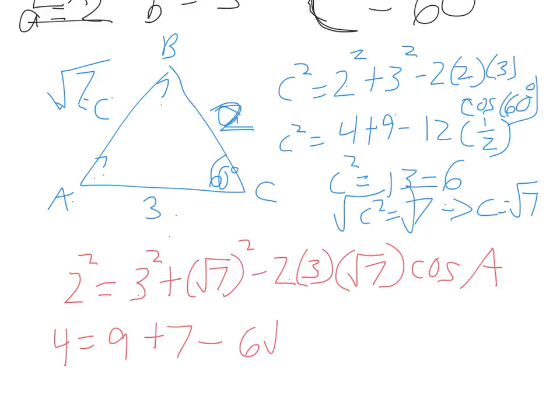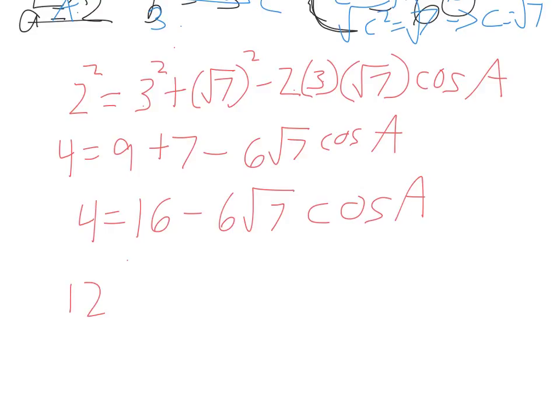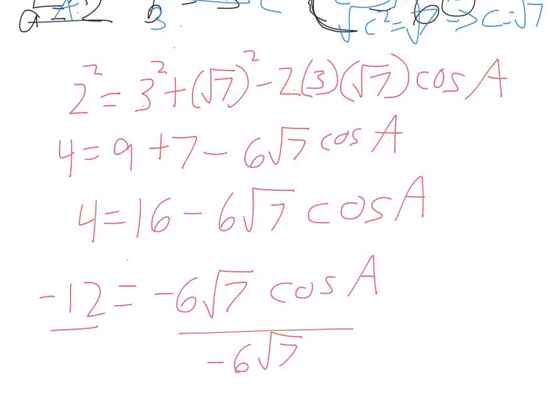So minus 6 square roots of 7 times the cosine of angle A. So 4 is equal to 16 minus 6 square roots of 7 times the cosine of A. So if you subtract 16 from both sides, you get minus 12 is equal to minus 6 square roots of 7 times the cosine of A. So divide by negative 6 square roots of 7.